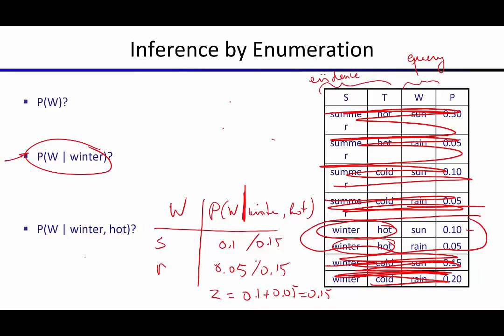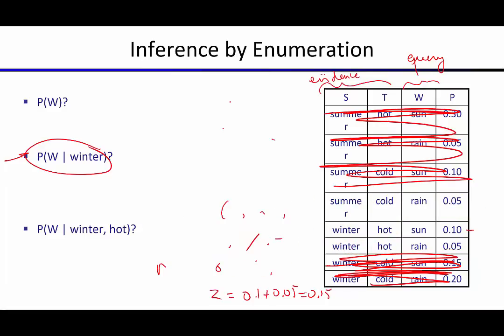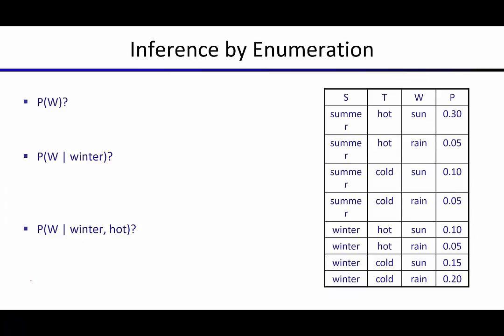Okay, let's explicitly show the summing out in the second one here. So, second one, this is the query variable. This is the evidence variable. And this here is the hidden variable. Okay? So this has all three types of variables.